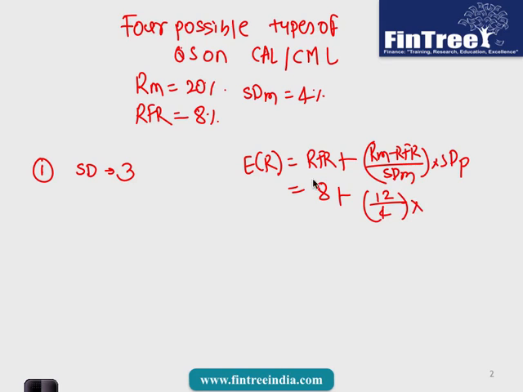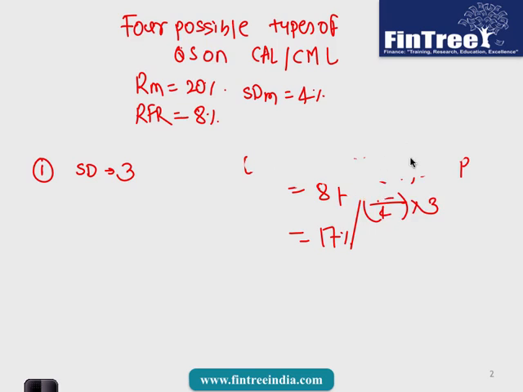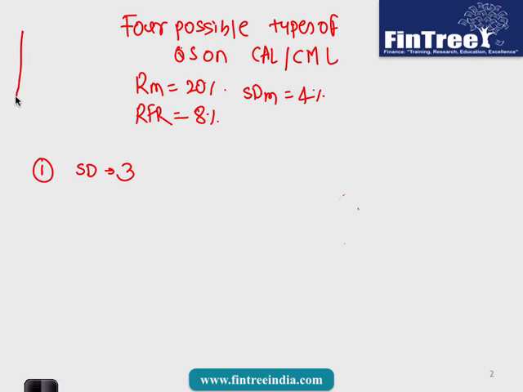This is 4 into standard deviation that client is willing to take, 3. So this would give us 17%. This is how they propose this to be solved. Is it fine? Now there is an alternative way of dealing with this. It's essentially the same equation but easier thought process. How you would think is, this is the line.